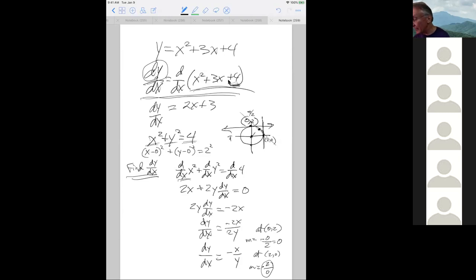So at this angle right here on that circle, it's pi over 4. Notice what the slope of the tangent line is. We're at pi over 4.